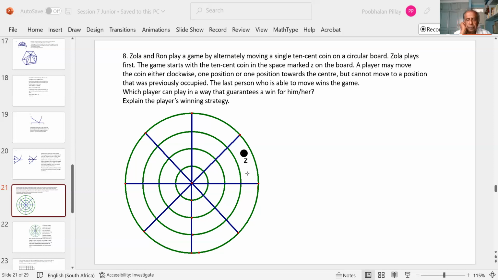You get cramped up in the middle, right? Imagine, suppose Zola got into one of these squares here. For the first time, suppose Zola got in there, and suppose you can't go outside, all of them are full.